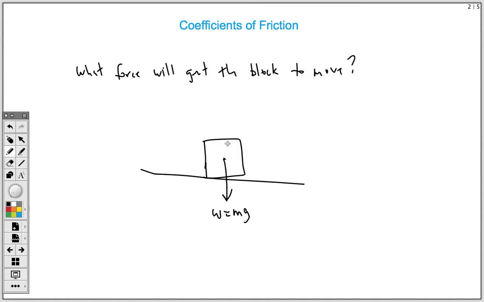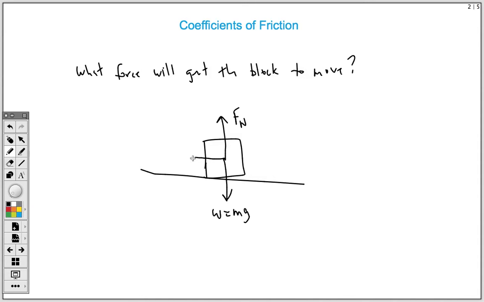So we have our weight force going downwards, we have our normal force pushing up on it, and we want to know what is the amount of force that will actually get this block to move. Let's say we want to move it to the right.